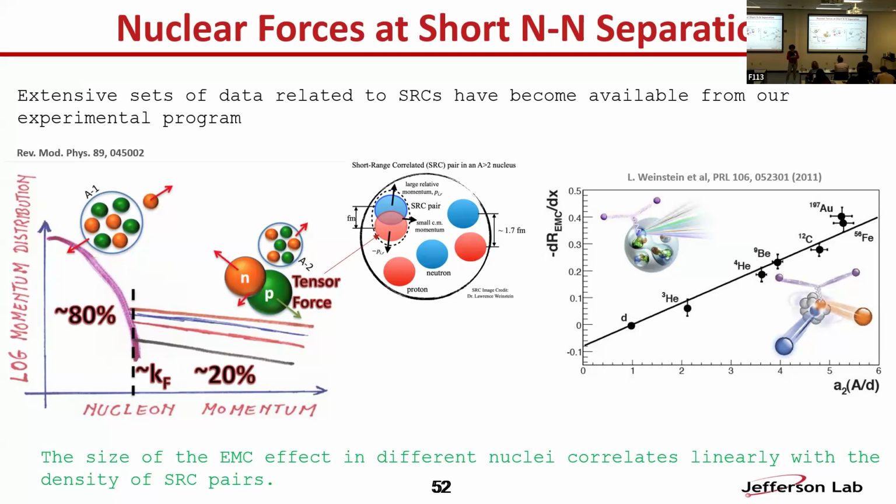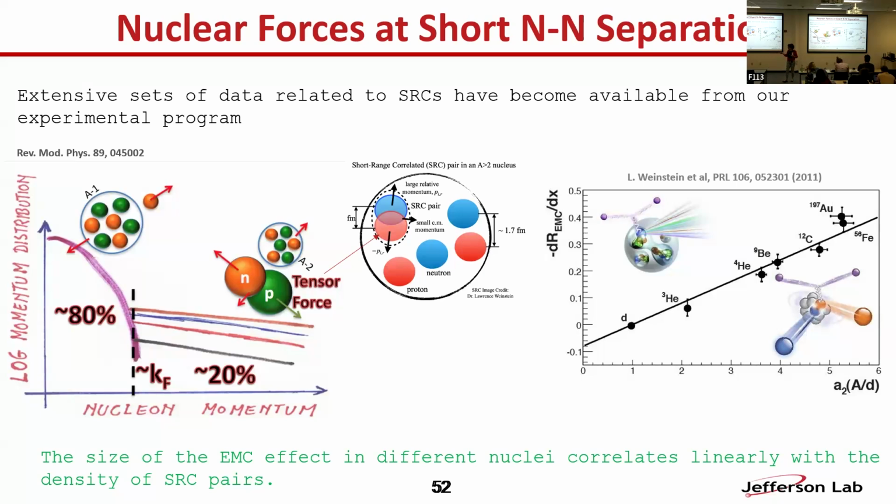What is this? What is the experiment? I have an electron, hit the nucleus, and then I detect the electron in the final state, or I detect with the electron also another particle. And I measure the momentum of the particles that I detect, the proton or the neutron.